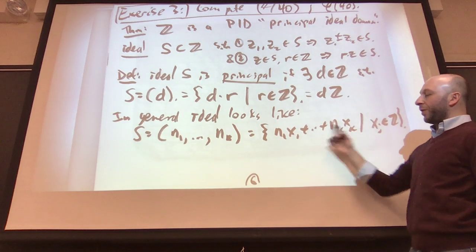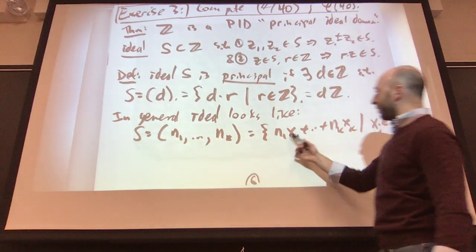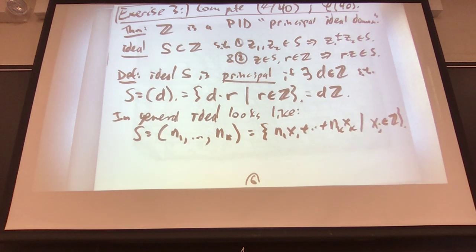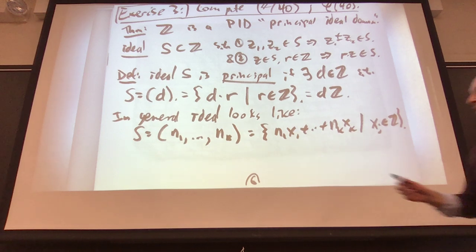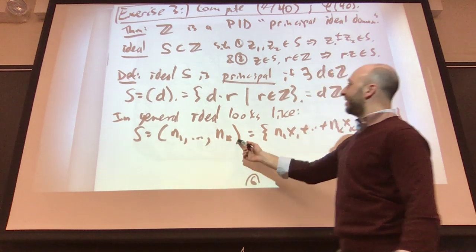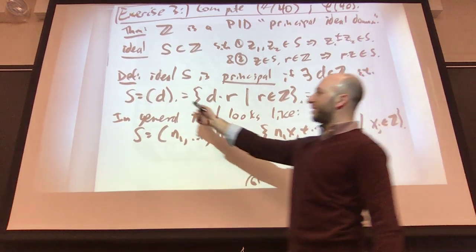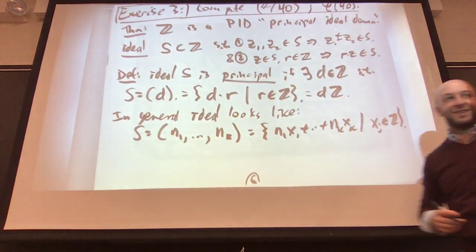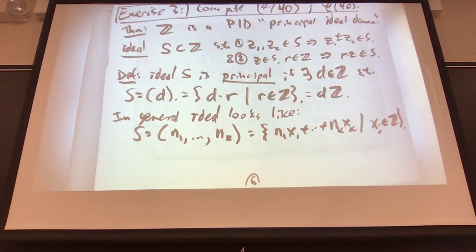So just as before, what we did with 2 elements, we can do with a whole bunch of elements. So here's an ideal. It's generated by a whole bunch of guys. How do I know that it's generated by a single D?